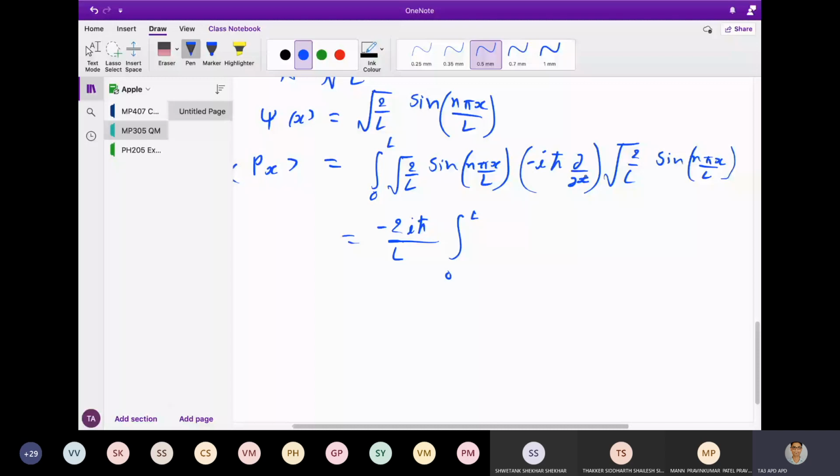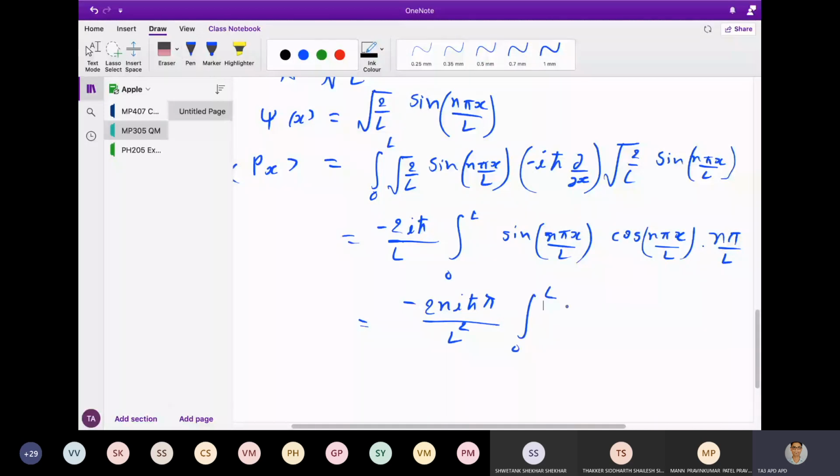So sin का हो जाएगा cos n pi x by L into the differentiation of this, which is n pi by L. Okay, if you take this common out, minus 2 n i h bar pi divided by L square, integral 0 to L.